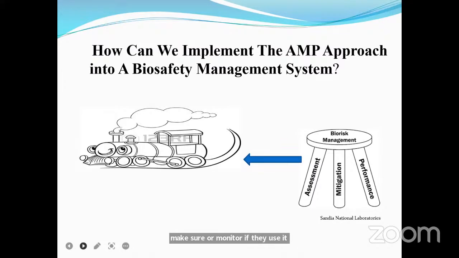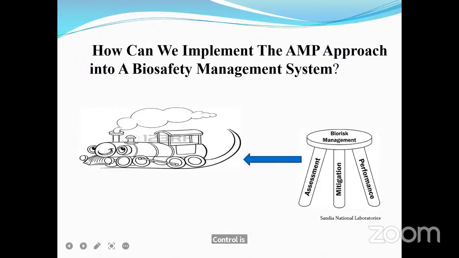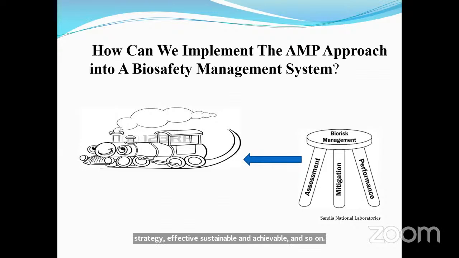If you need further control, we also have to ask ourselves what risk control strategy is most applicable for the resources available. Are resources sufficient to obtain and maintain those risk control measures? Are the proposed control strategies effective, sustainable, and achievable, and so on? Then identify and implement the practical measures needed to work safely.